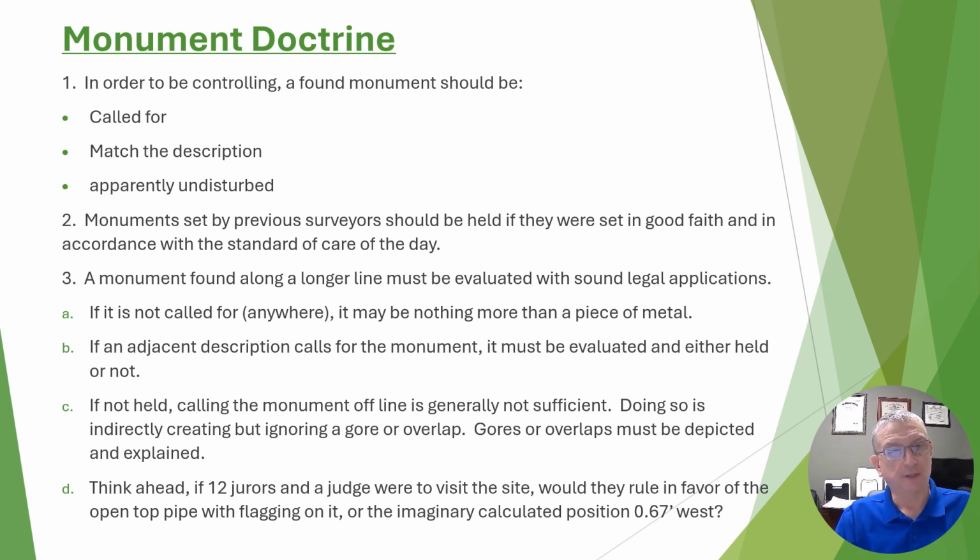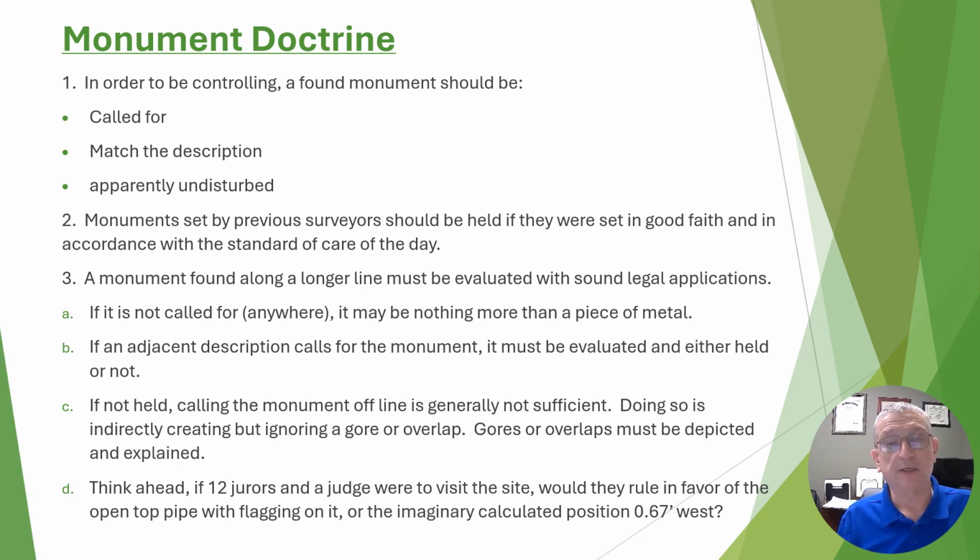Another thing that creates a lot of problems, the most common scenario, is when a subdivision backs into a straight line. And let's say that those pins are not perfectly on a straight line. They're never going to be. They're going to be off a little bit. When analyzing a monument found along a longer line, you must evaluate it with sound legal descriptions. If it's not called for anywhere, it may be nothing more than a piece of metal.